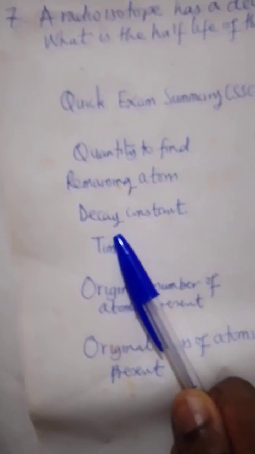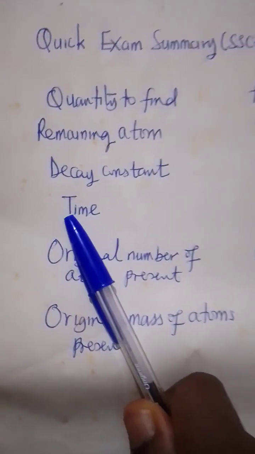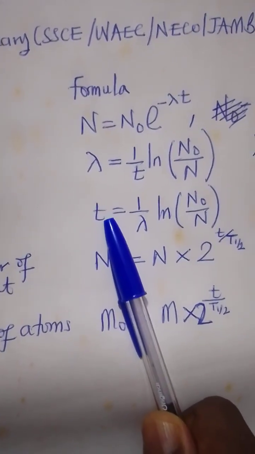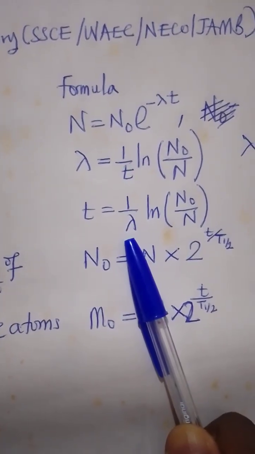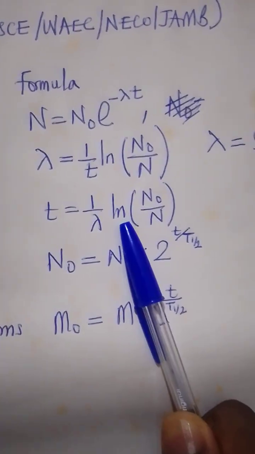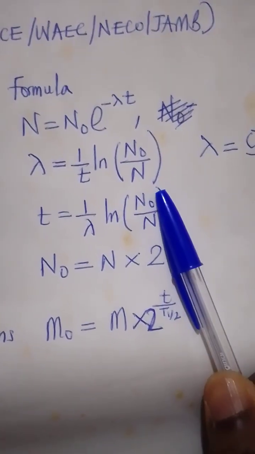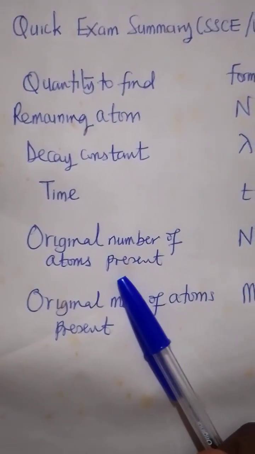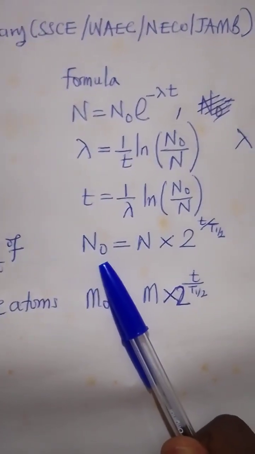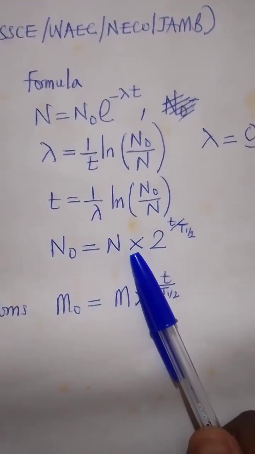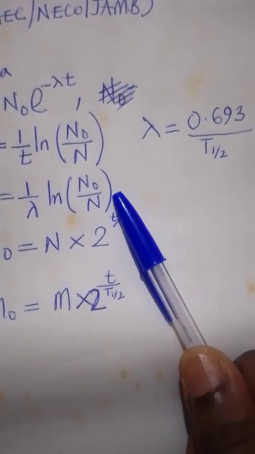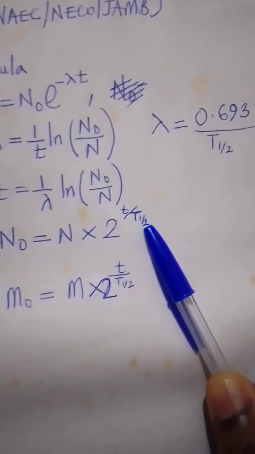The third one now, time. If we're told to look for time, T is 1 over the decay constant times natural log of N naught over N. Original number of atoms present: if we're told to look for the original number of atoms present, we can take N naught equal to N times 2 raised to power T over T half.